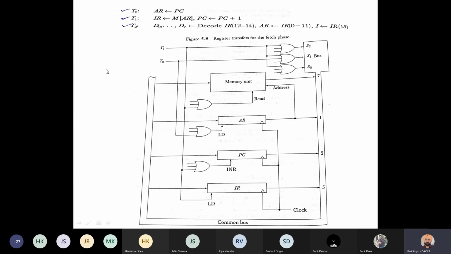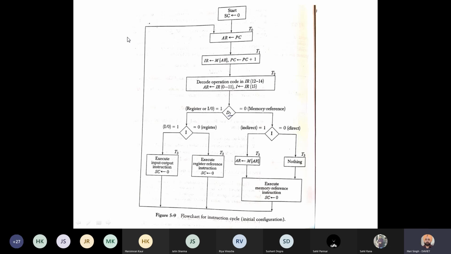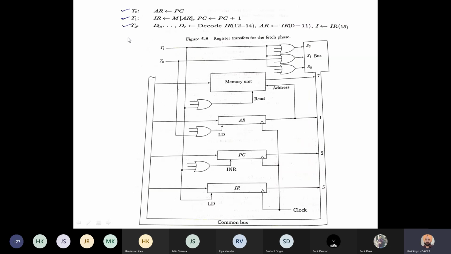In this slide, you can see the steps performed in T states T0 and T1. Yes students, is it visible to you? Is the T0 state visible? Yes, sir. Okay.